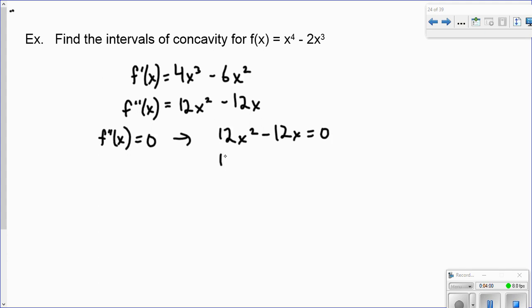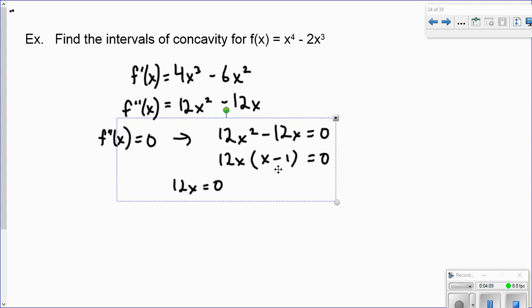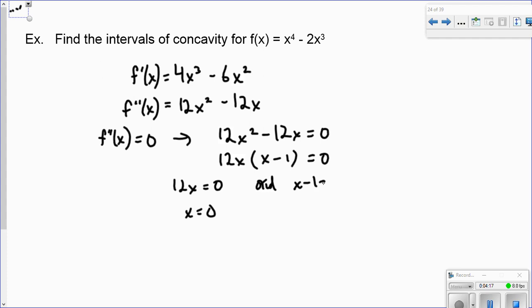Let's take out a greatest common factor of 12x. That leaves me with x minus 1. So we have situations for x where we've got, so we have 2 points, turning points here.